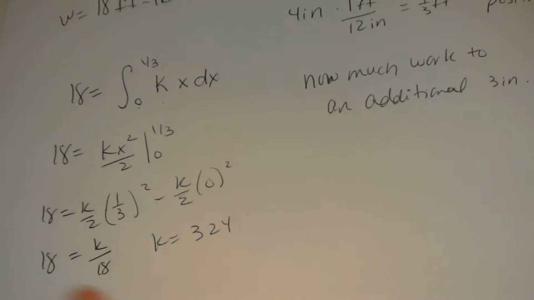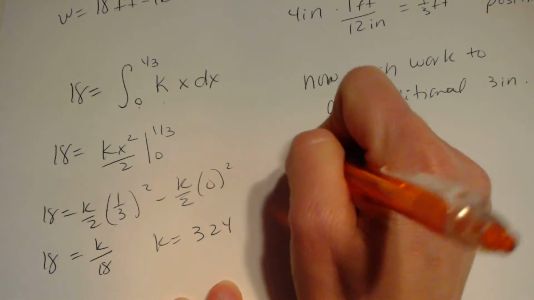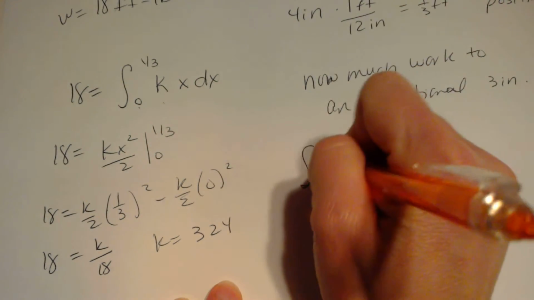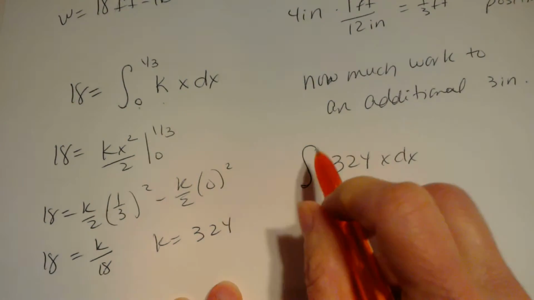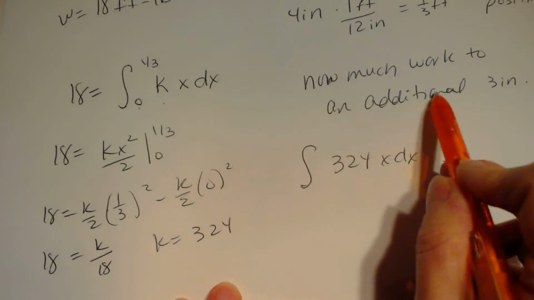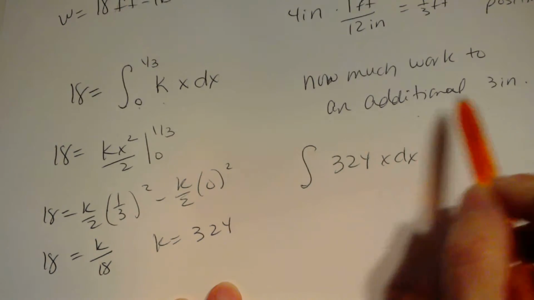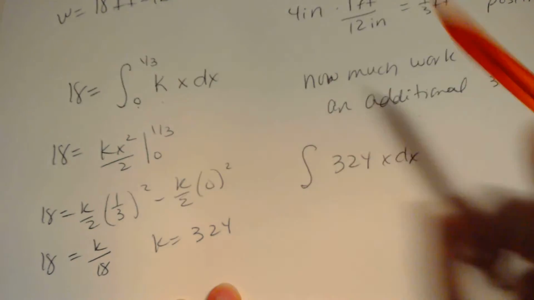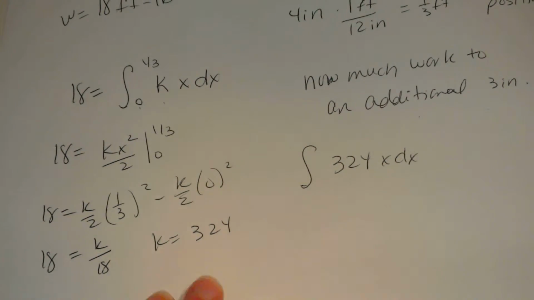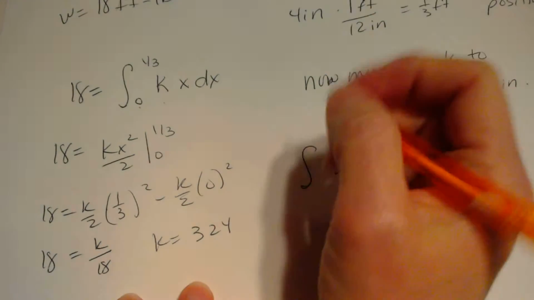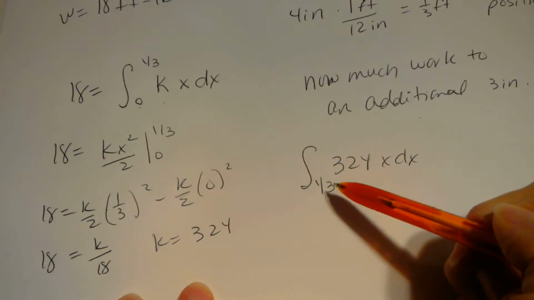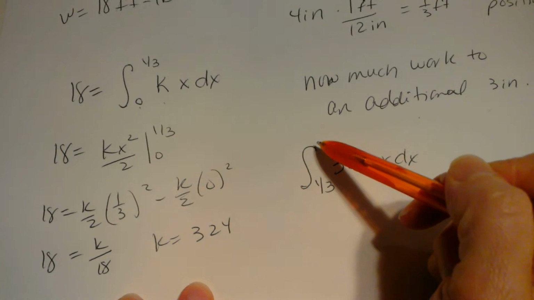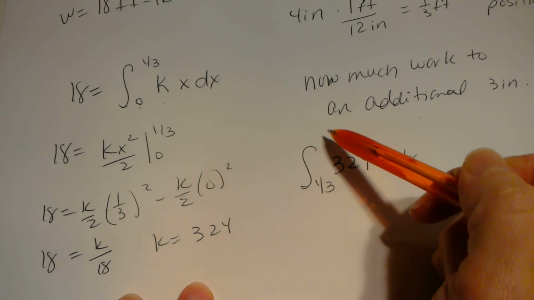All right, so now we're going to integrate 324x dx. We want to know how much work it's going to take to stretch an additional 3 inches. We know how much work it takes to stretch the first 4, but to stretch it an additional 3, we start where we stopped. So we start at 1/3, and an additional 3 inches would be 7 out of 12.